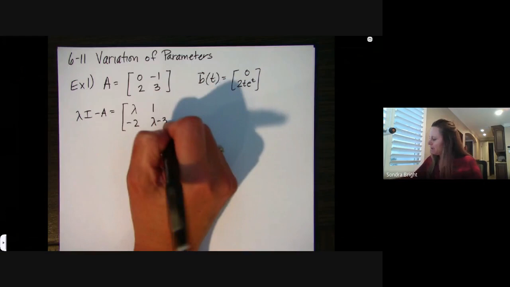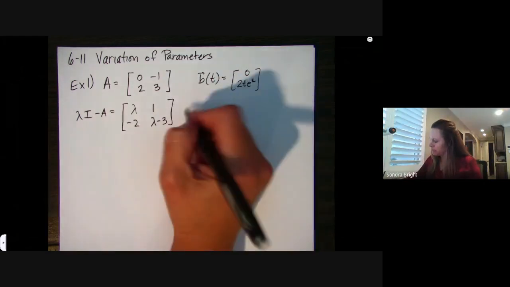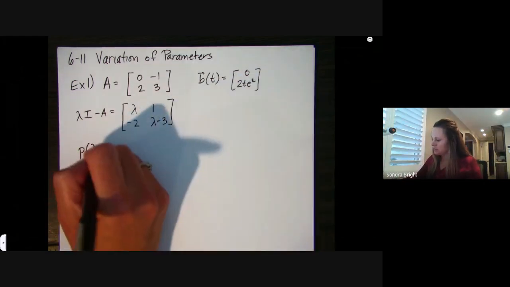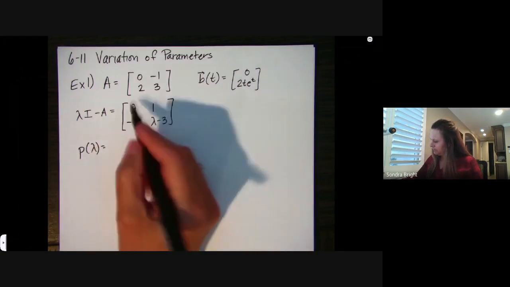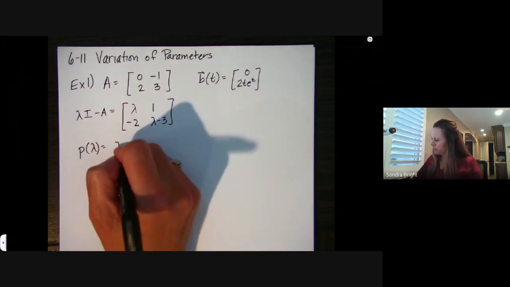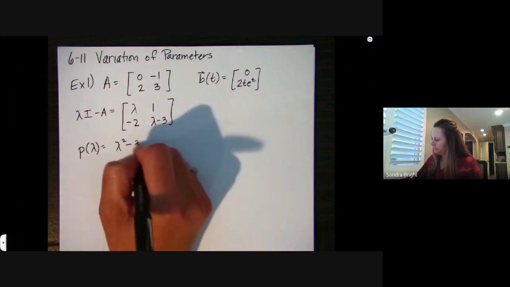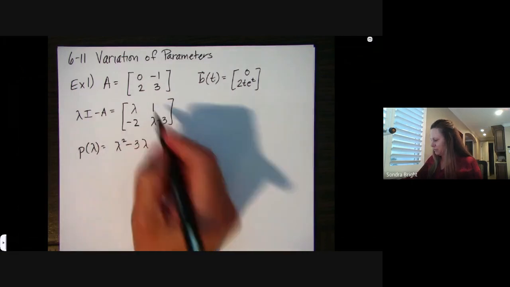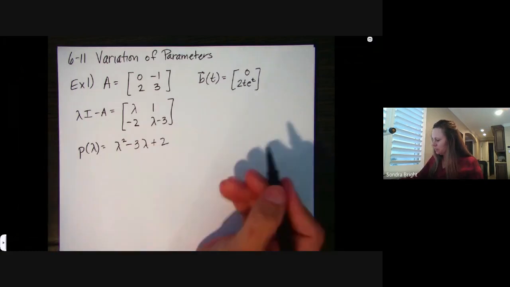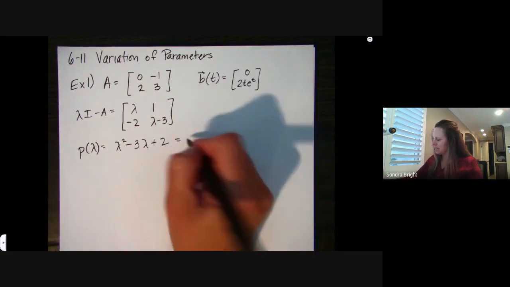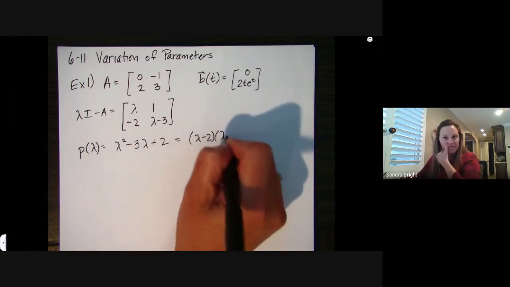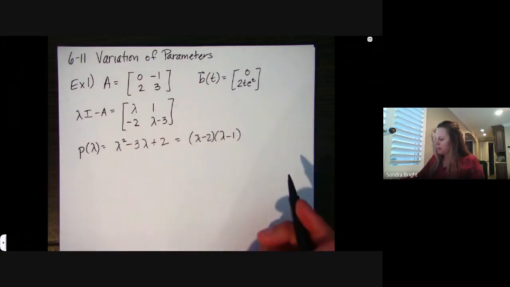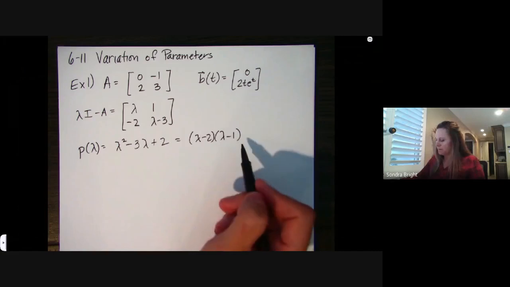So my characteristic polynomial will be the determinant of this, so it'll be lambda squared minus 3 lambda, and then minus a negative 2, so plus 2, which means this would factor as lambda minus 2 and lambda minus 1. So our two eigenvalues are, I'm sorry, positive 2 and positive 1.